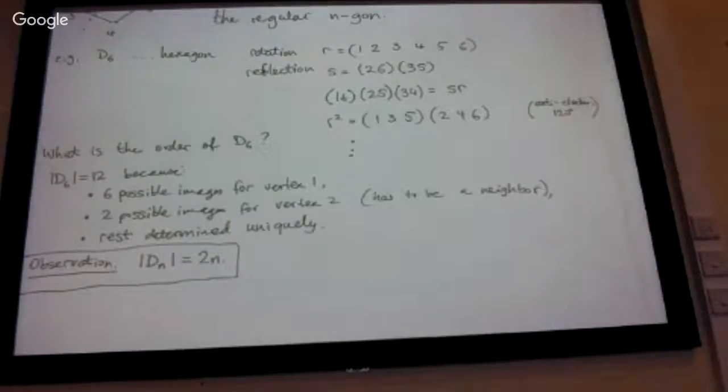So for transpositions, the order was 2 and so on. And so for S, the order is 2 because you reflect and you reflect again. You're back where you started.